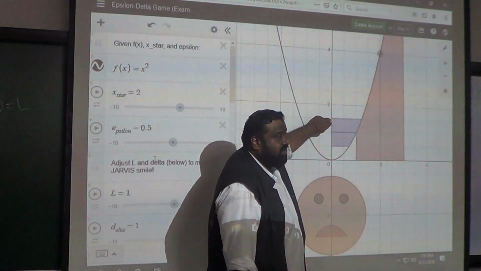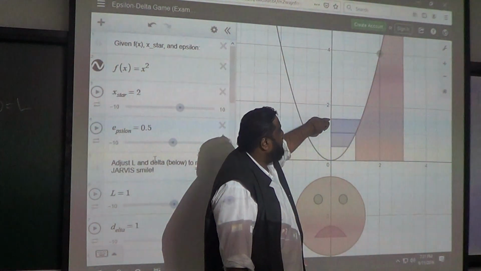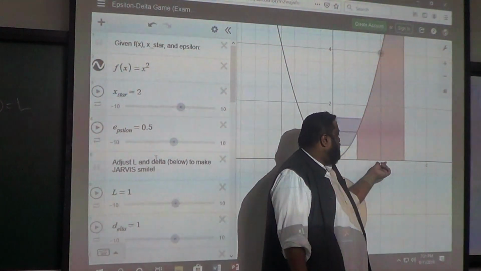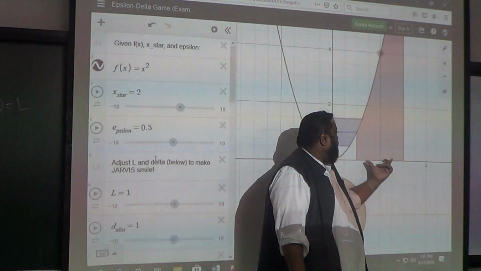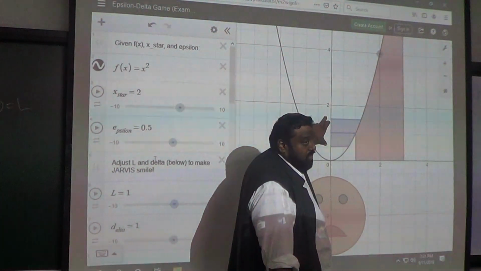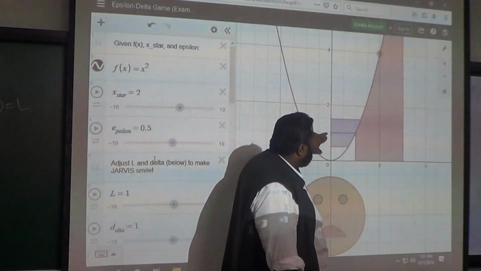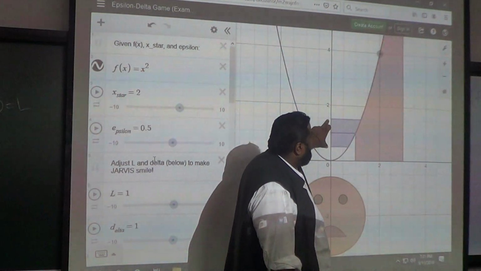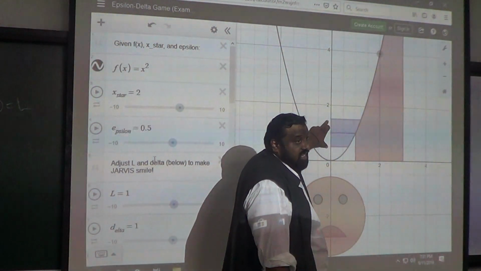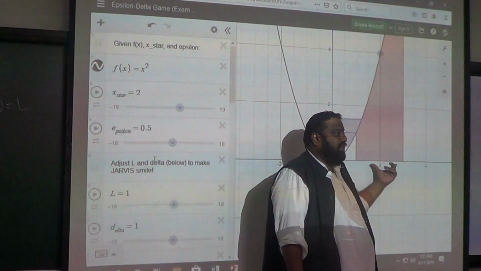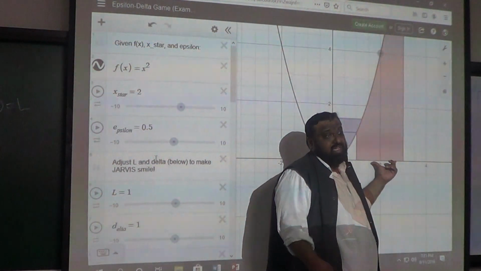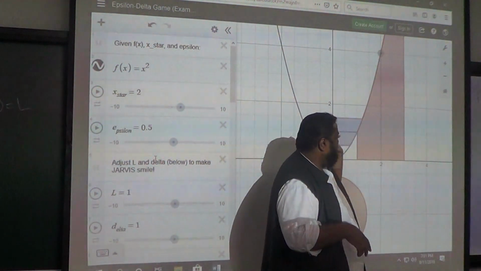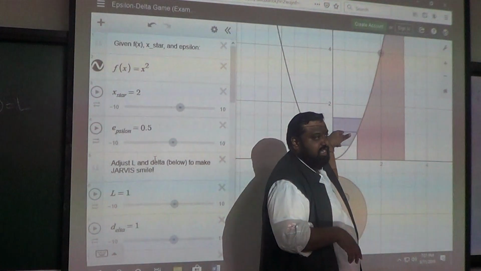What I want to say is, if you fix this epsilon and say that I want to stay near this value, in this interval, the question is: what should be the set of values from the inputs in such a way that their outputs stay in your required interval?